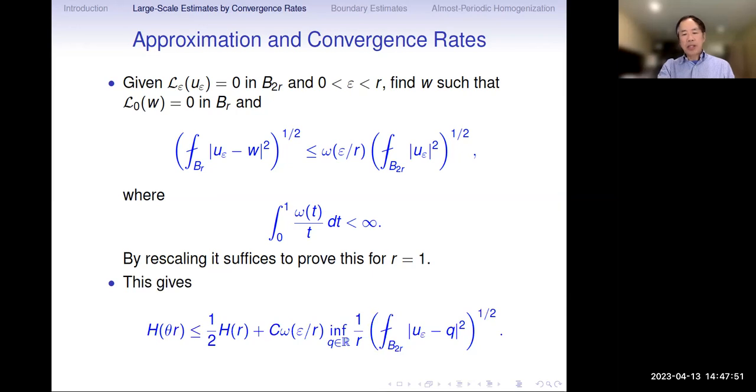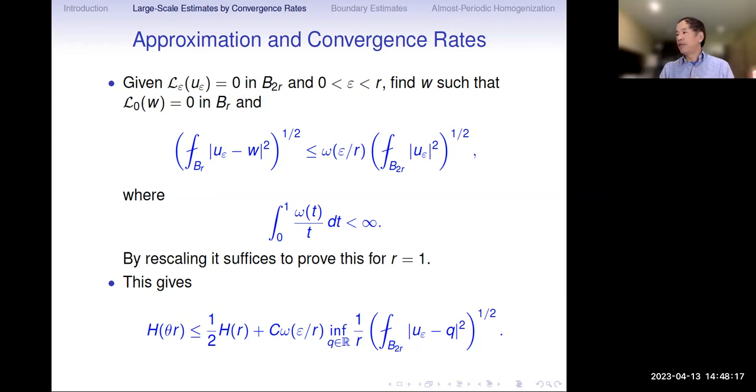So with this and with the previous observation, you see that the function I have defined, h, satisfies this inequality, and then we can carry out this general scheme here. So what you see here is that the regularity problem is reduced to a convergence rate problem.